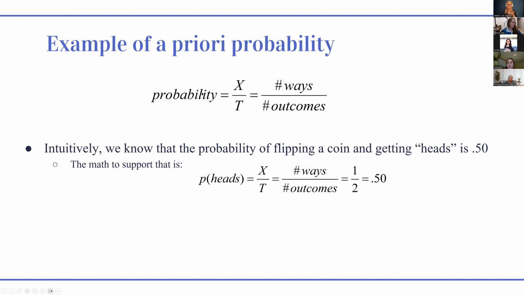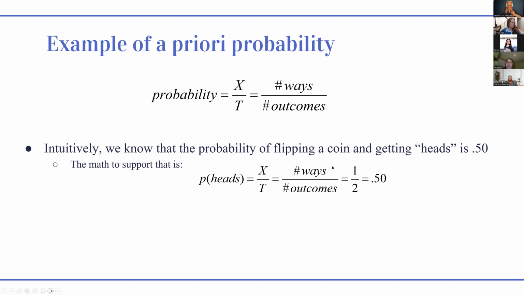So the probability of a coin toss can be written as x over t, which is just the number of ways that a coin can land in one flip versus the total number of possible outcomes. If you flip a coin, it's going to either be head or tail. They don't really land on their sides, right? I think that's like a movie trick.